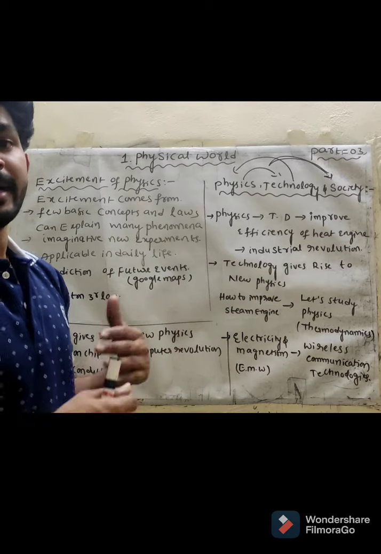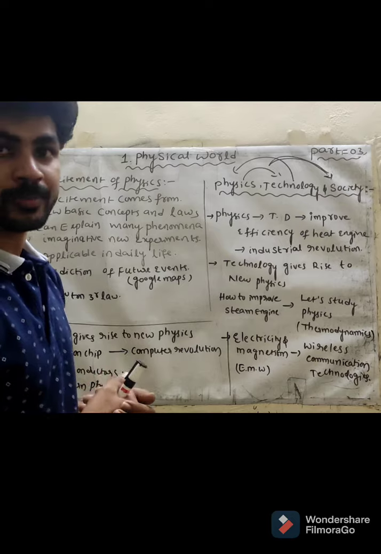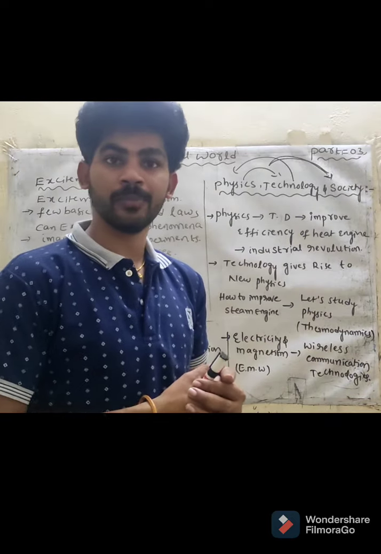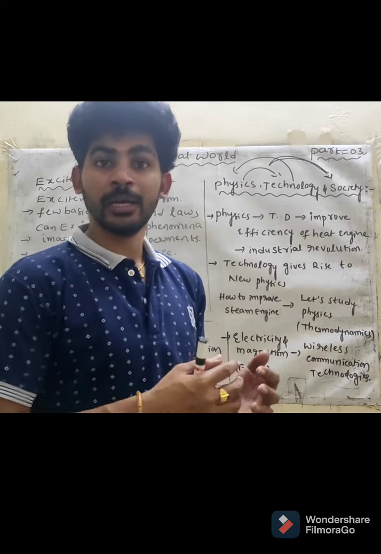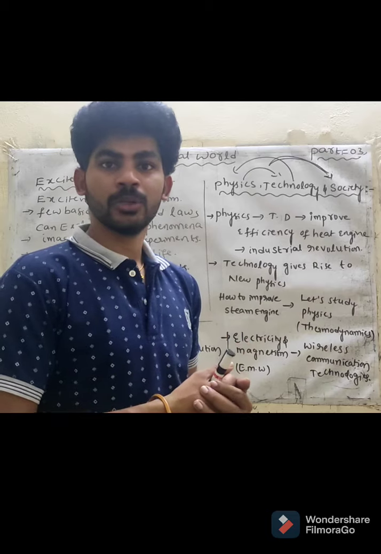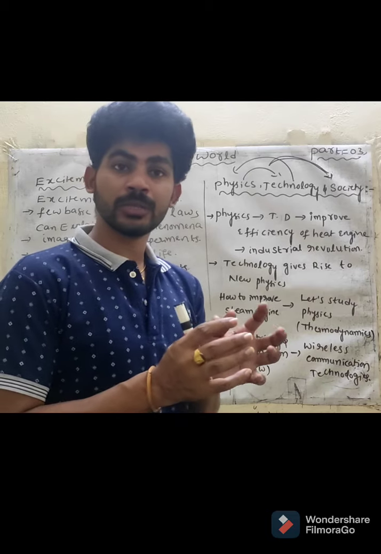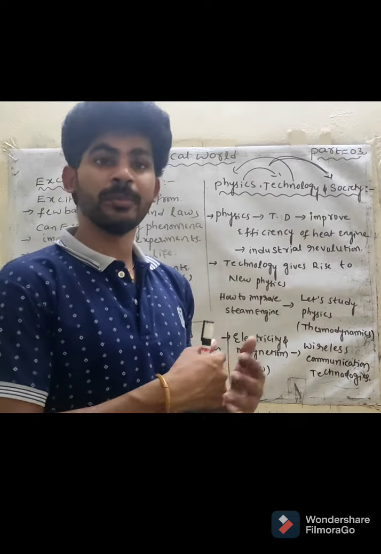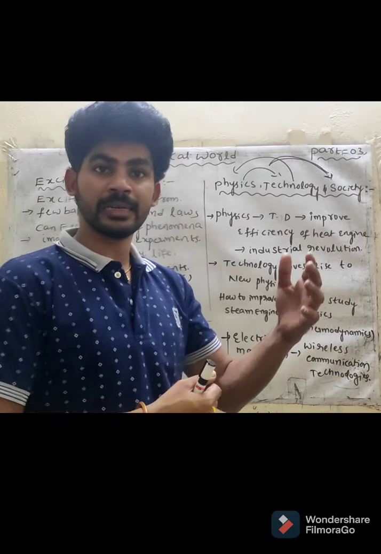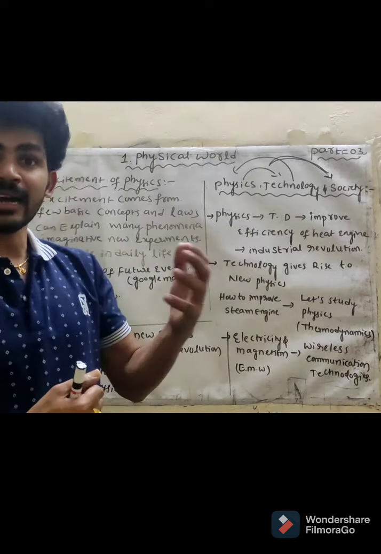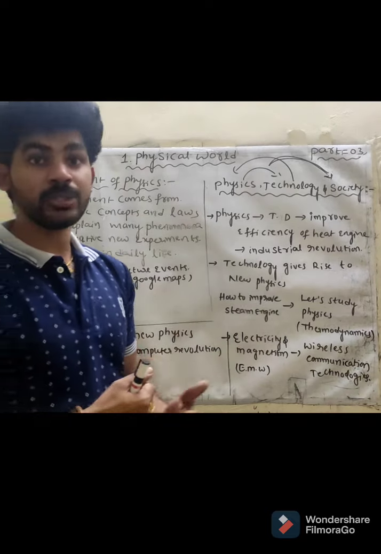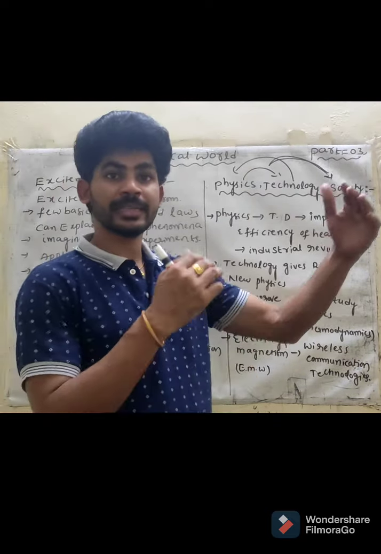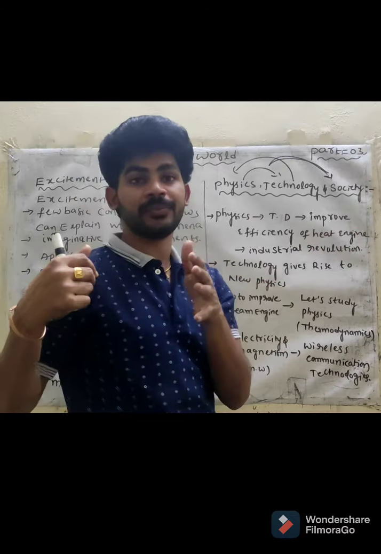Then day by day science developed and grew, and then we used nuclear reactors. With nuclear reactors we can produce a very large amount of electric current in future, so that is the main source of electric current. And solar energy is not ending, so that is a future energy. So technology is giving physics here.